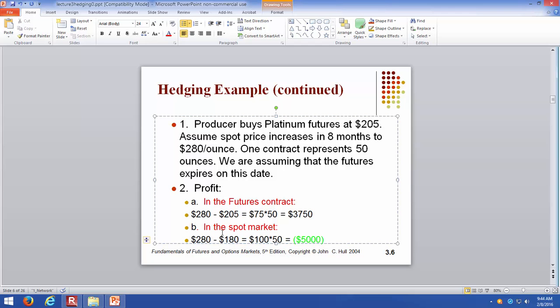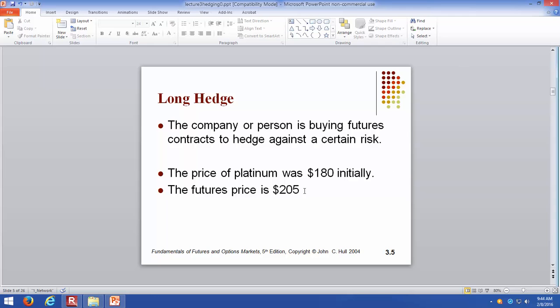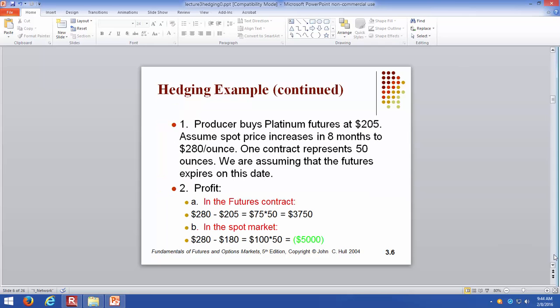In the spot market, what we are assuming here is that the price was 180 initially, and if you actually bought it, you're going to pay $280 per ounce.